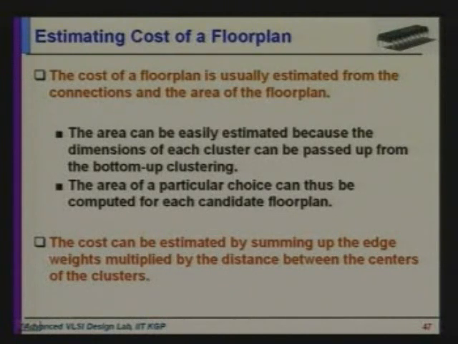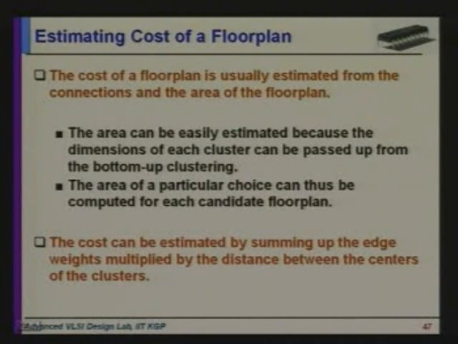The estimate is done based on the interconnections and the area of the floor plan. The area is estimated because the dimensions of each cluster passed in the bottom up clustering are known. The area for a particular choice can be computed from its component candidate floor plans, right?